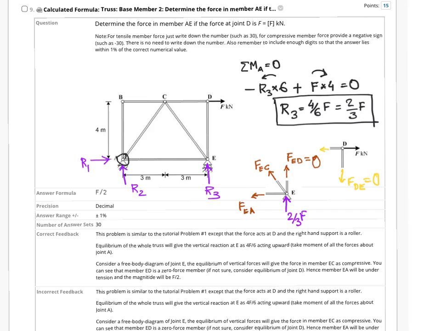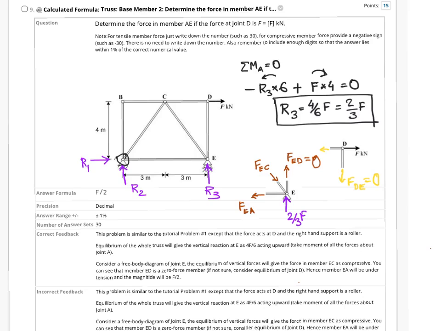So this force is 0. So if that force is 0 and 2/3 F is acting in the upward direction, vertical equilibrium should be maintained if FEC is compressive. So the direction of FEC would be in the compressive direction, and the vertical component of it would balance the 2/3 F as the reaction force.